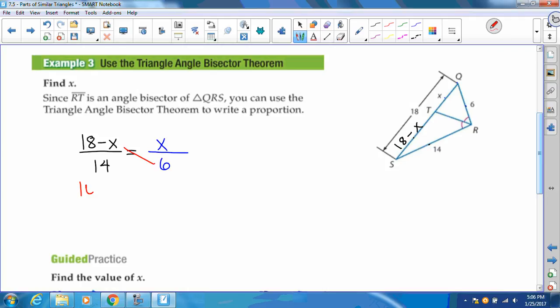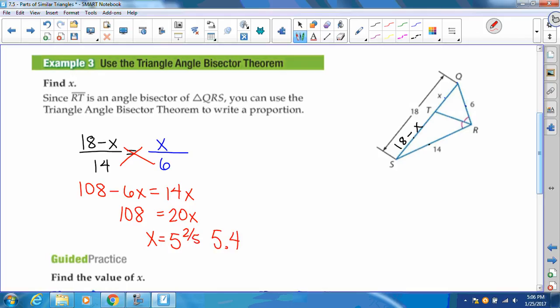So 108 minus 6x is equal to 14x. Then I'm going to add 6x to both sides. So I would have 108 equals 20x. And I'm going to divide by 20. So x is 5 2/5 or 5.4 or 27 over 5.